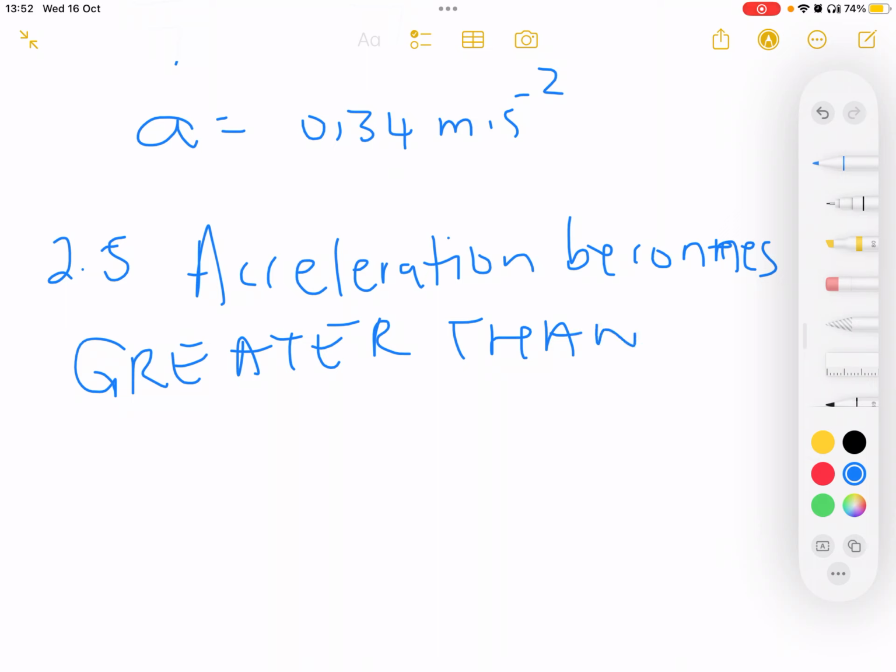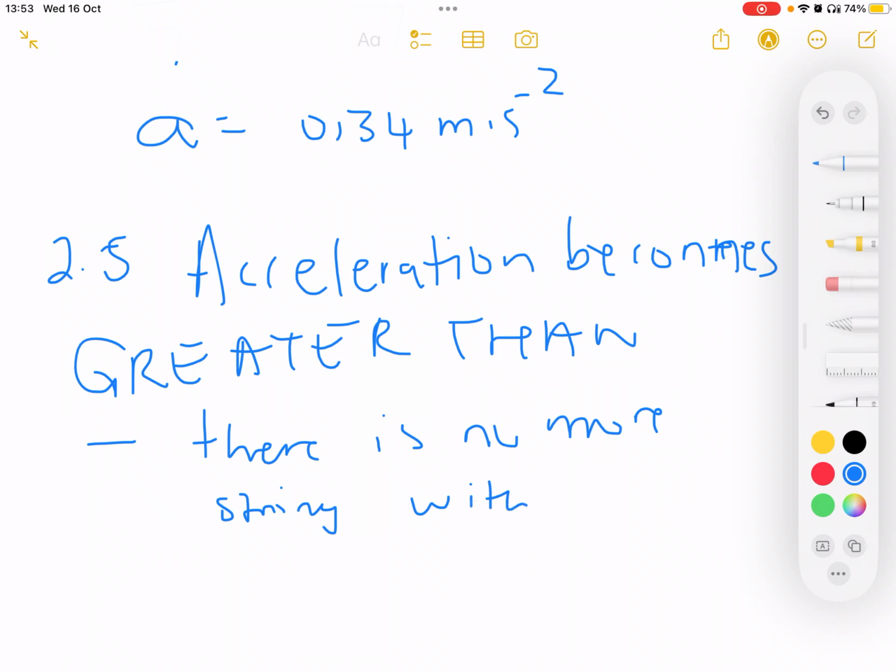And why is that? There is no more string, and the string comes with what? With tension, which is a force that was opposing it going down the slope quicker. There's no tension pulling it.